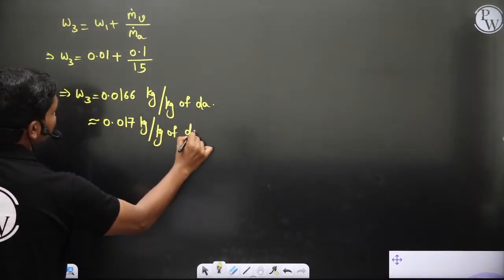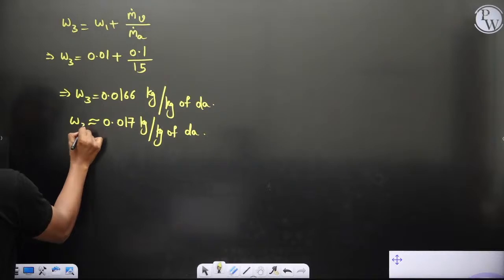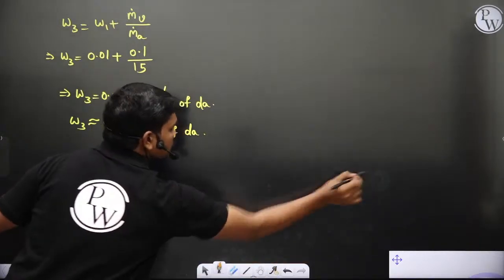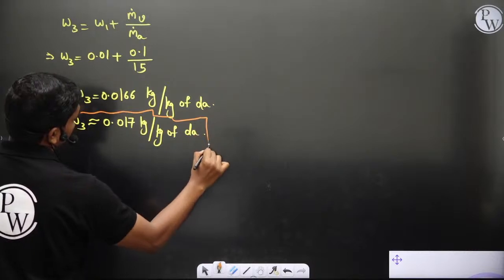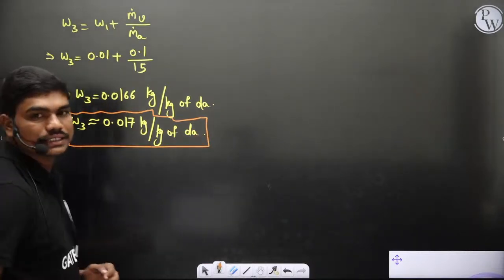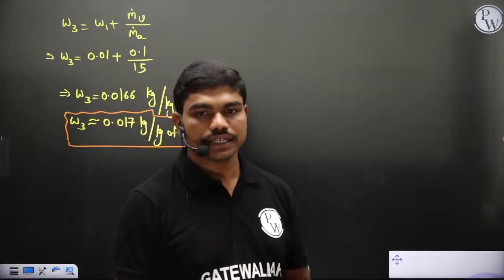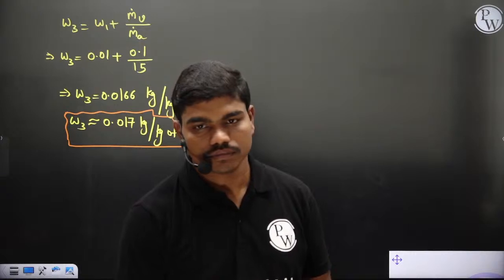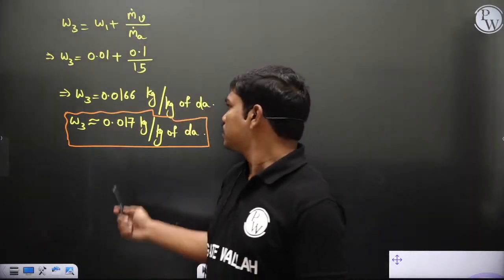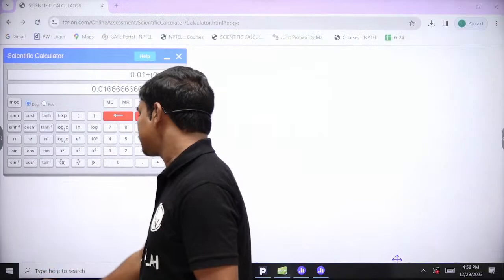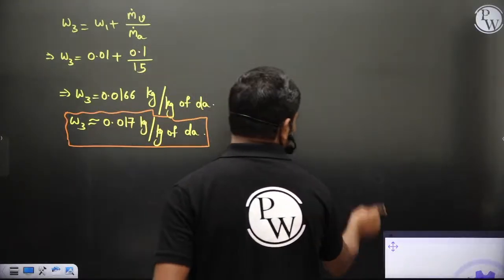Guys, this rounding off is a bit important. So please look at this. This is your omega 3, 0.0166. Clear? That's the answer. Got it? Maybe some of you might have entered 17.